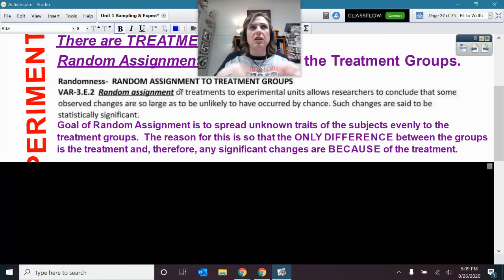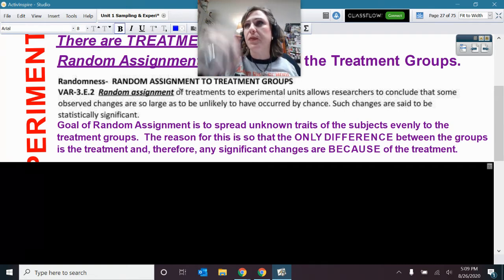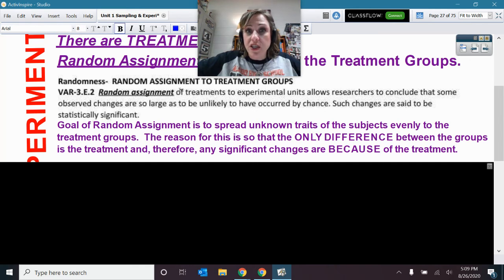You're just taking all of those things and spreading them out. So hopefully every group has the same kind of people in each one. Some of them have small, medium, and large people. Then there are men and women in that group, and brown hair and red hair in that group, and so on. And those things are in this group as well. You're spreading unknown traits evenly to the treatment groups.